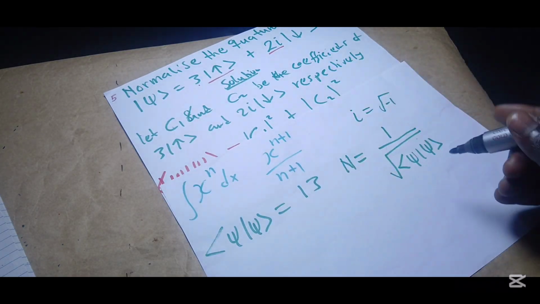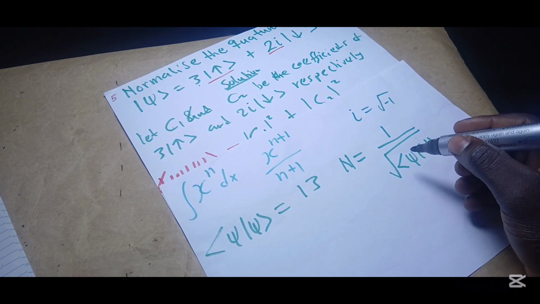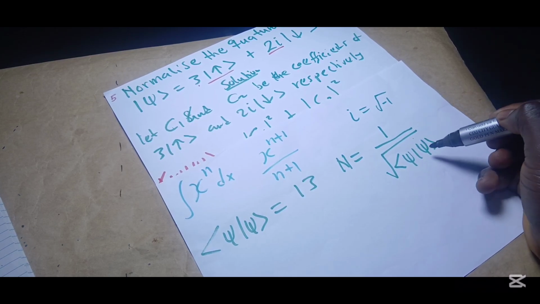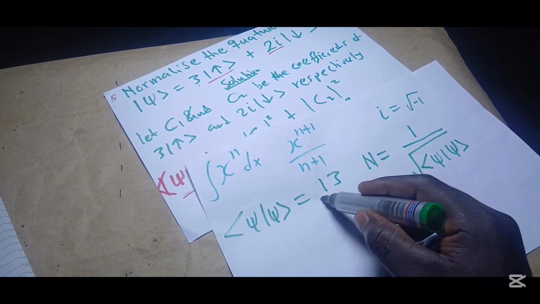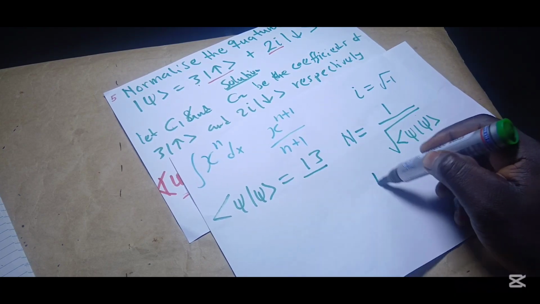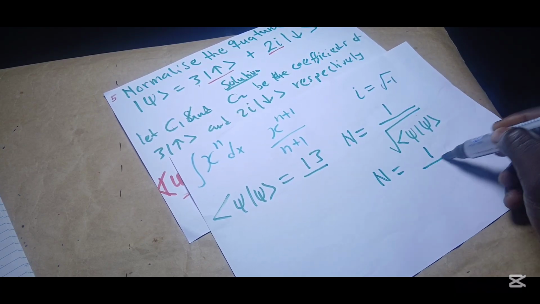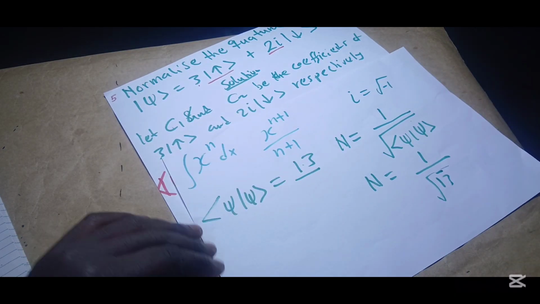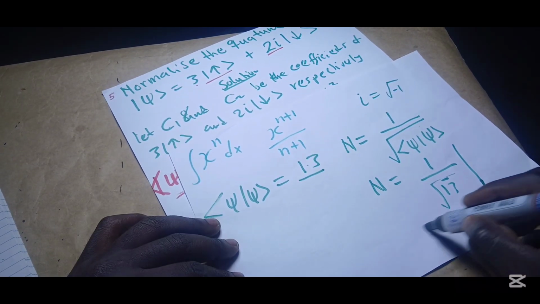Then the second step, you calculate the normalization constant, which is equal to 1 over the square root of the norm. Our norm is 13, so the normalization constant is equal to 1 over the square root of 13. So this now is our normalization constant.